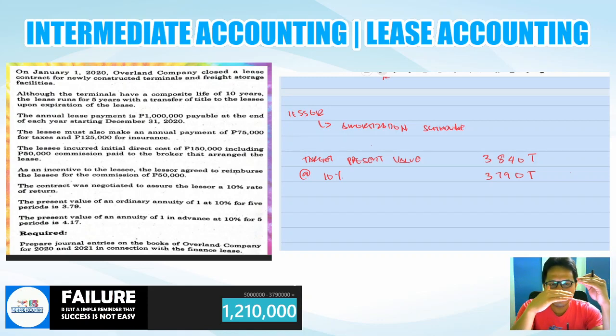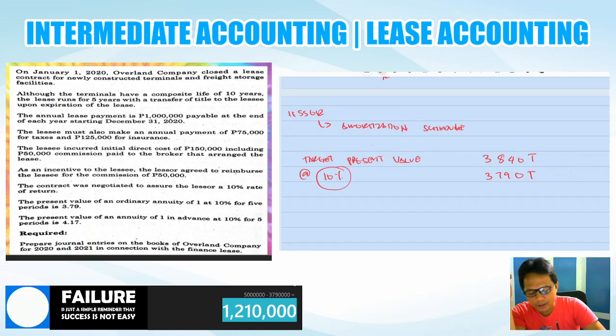Inverse yung relationship, di ba? The lower the rate is, the higher is the present value. The higher the effective rate is or the implicit rate is, the lower is the present value. So the point is, kasi nga, naghahanap tayo ng mas malaki kaysa 3,790,000. Okay? Na mas malaki sa 3,790,000, possibly, the effective rate or the implicit rate is much lower than 10%.